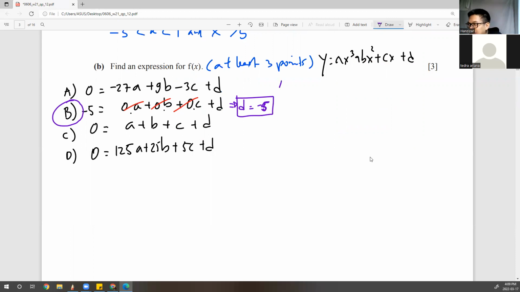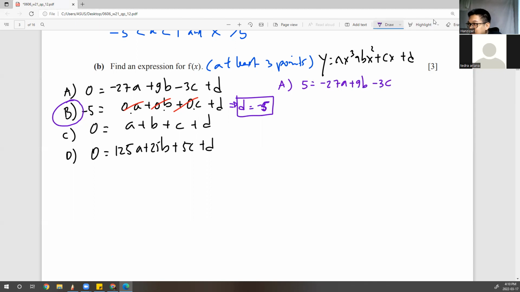So for part A, I copy again negative 5 going to the left side, becomes positive 5, so 5 itself equals negative 27A plus 9B minus 3C.